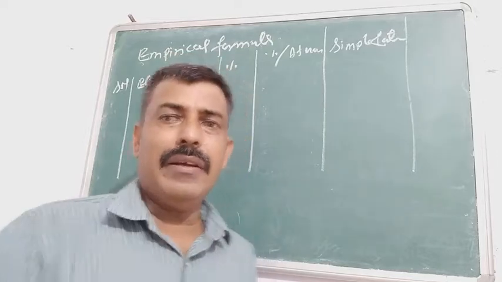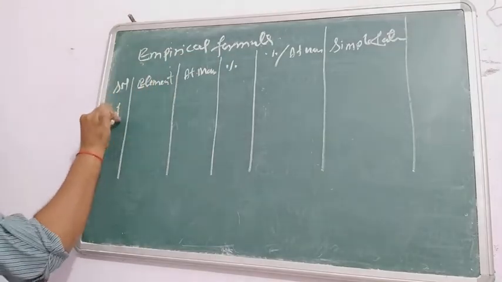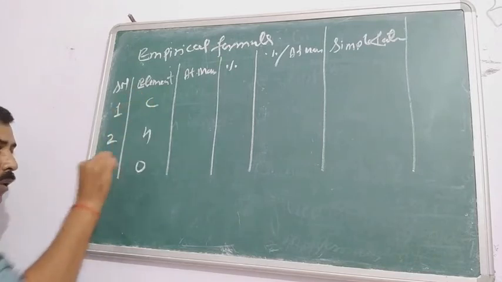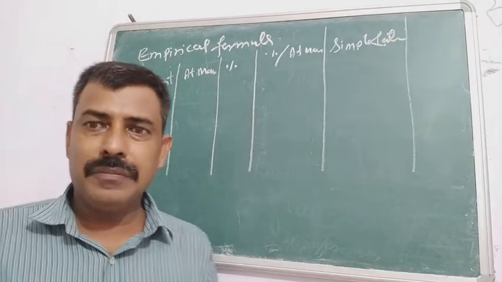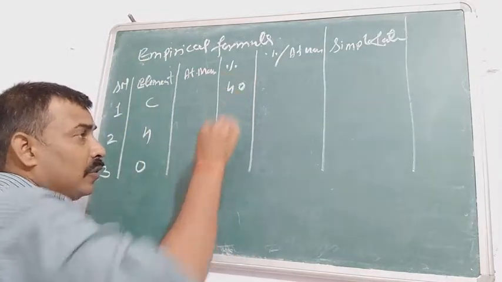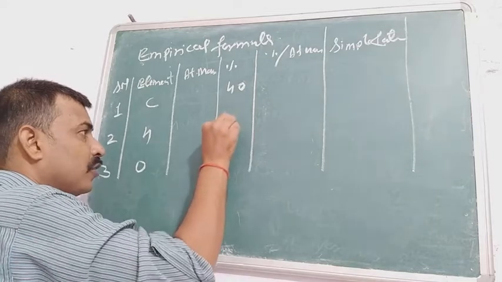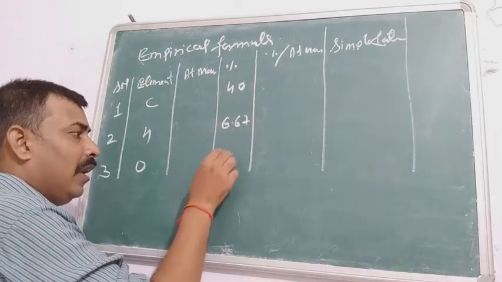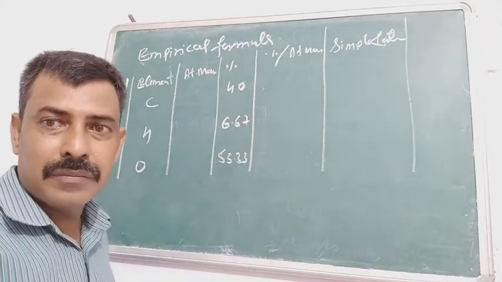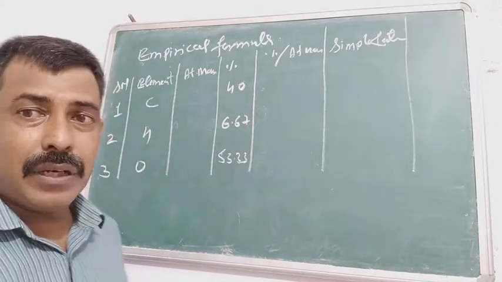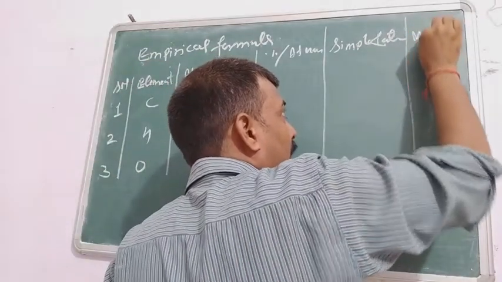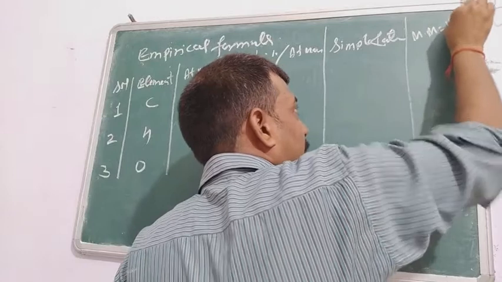If in a compound 3 elements are there, 1, 2 and 3, and the elements are carbon, hydrogen and oxygen, and their percentage composition is 40, 6.67 and 53.33 respectively, then what will be the empirical formula and molecular formula, if the molecular mass is 180?